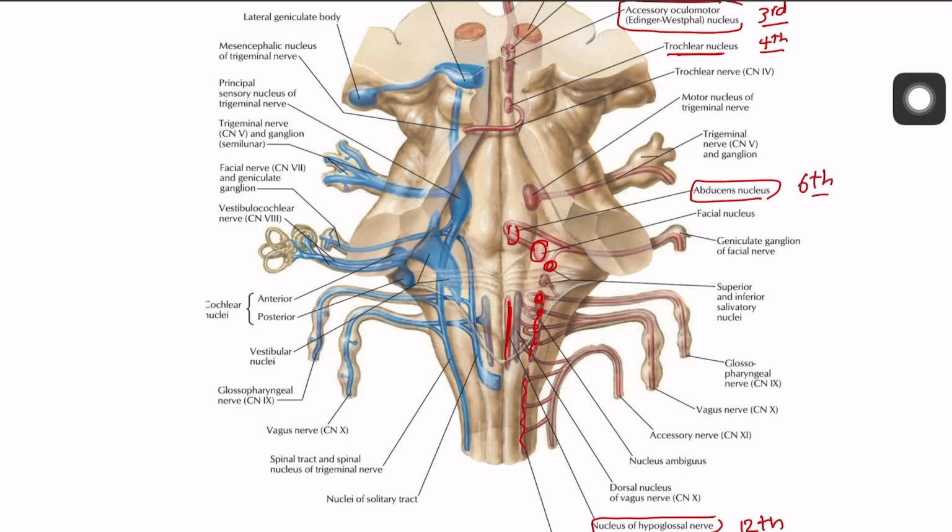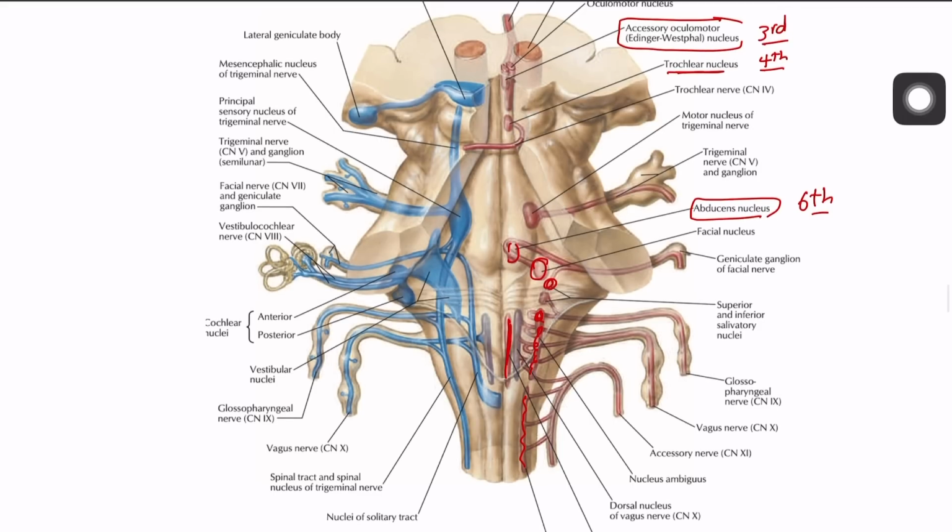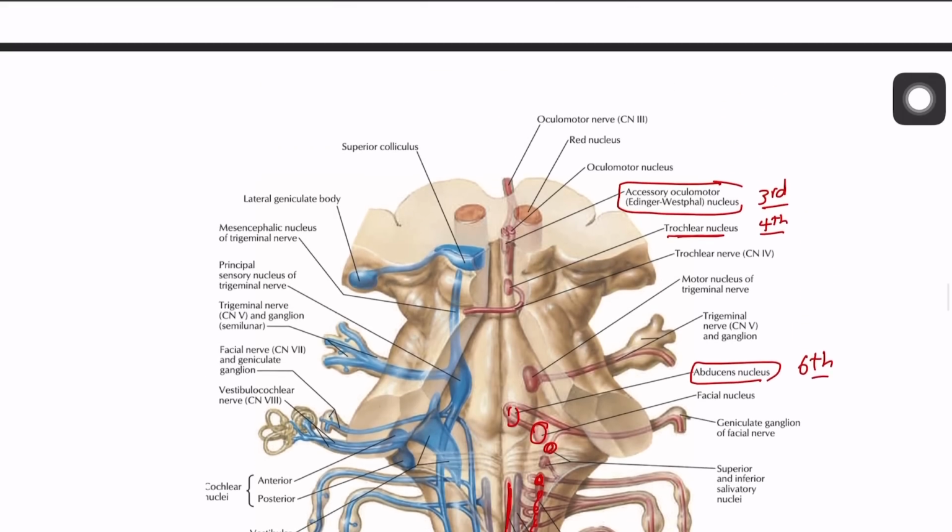All of them are lateral, and there is only one nerve that comes from the posterior surface, which is, like we said, the trochlear nerve. This is just diagrammatic here to specify that it comes from the midline. Well, it's mainly from the posterior surface. Okay, so these are the cranial nerves.